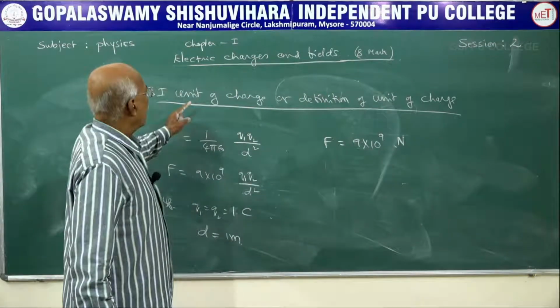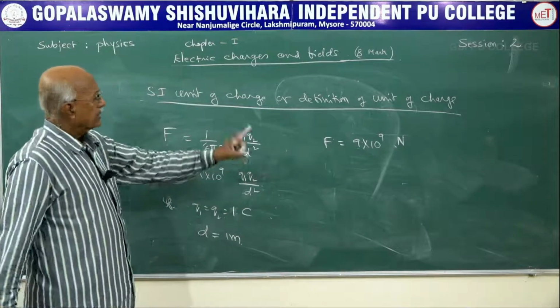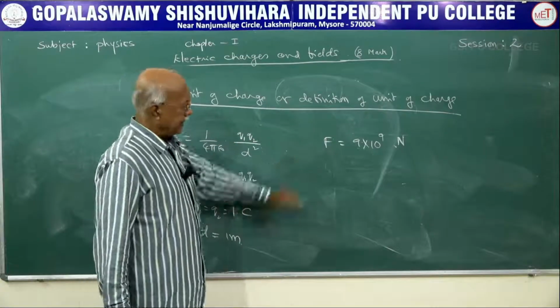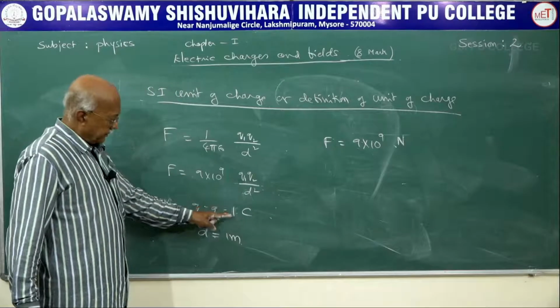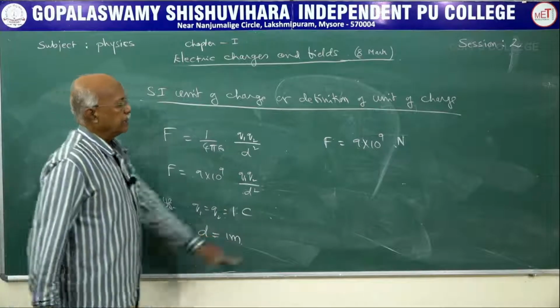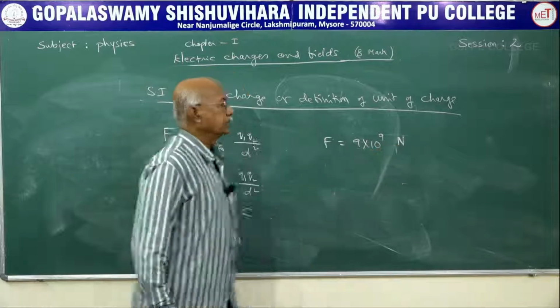Now we will define what is meant by unit of charge. The SI unit of charge is coulomb. The definition of coulomb is made like this: it is that charge which when placed from a similar charge at a distance of 1 meter experiences a force of 9 into 10 to the power of 9 Newton.